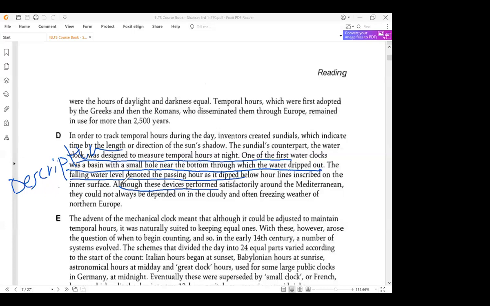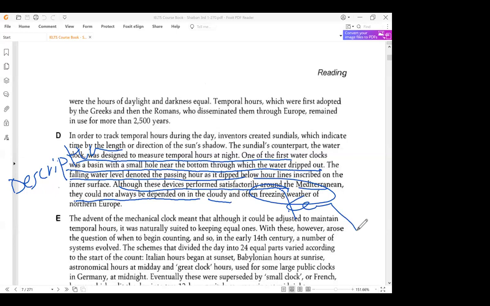Although these devices performed satisfactorily around the Mediterranean, they could not always be depended on in the cloudy and often freezing weather. So this is cold temperatures. This is the key. Maybe you don't catch it, but I have to show it to you.